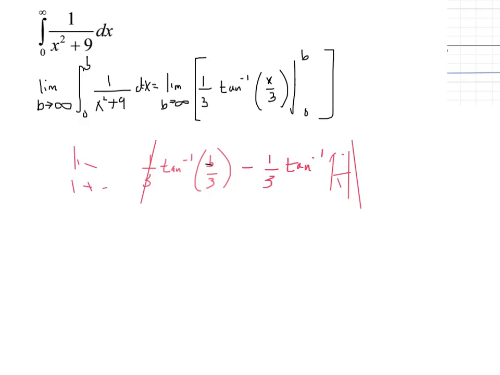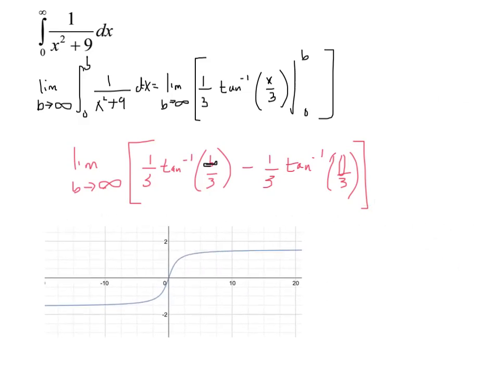Well, I pulled a graph of inverse tangent up. Let me pull this in for you. Inverse tangent looks like this. Of course, we know what tangent looks like. This is just rotated, and it has a limit as it goes to infinity of pi over 2, because that's the vertical asymptote of tangent.